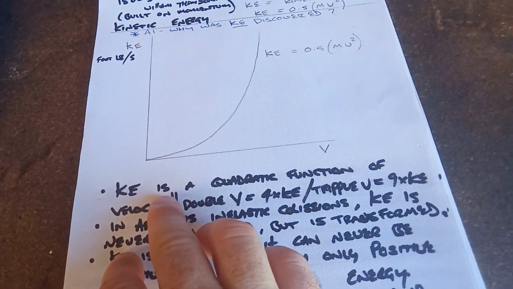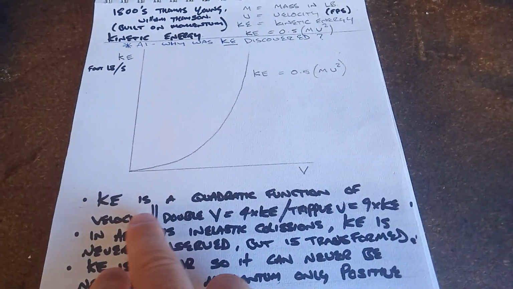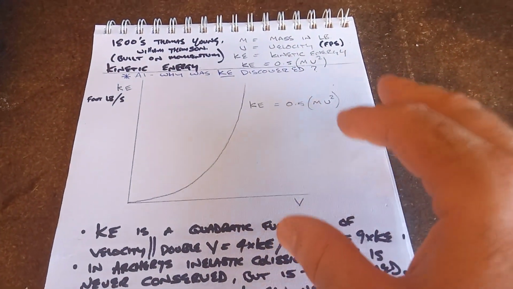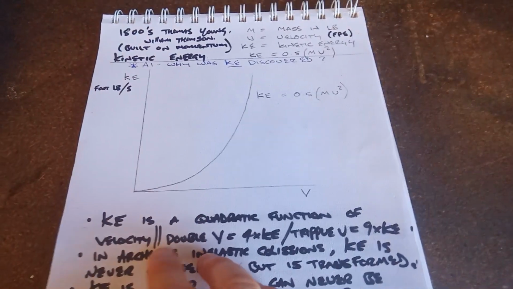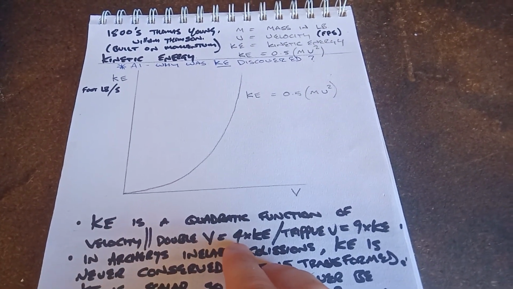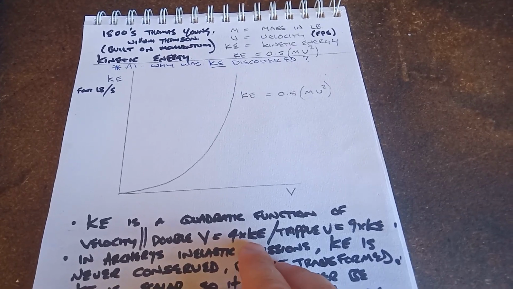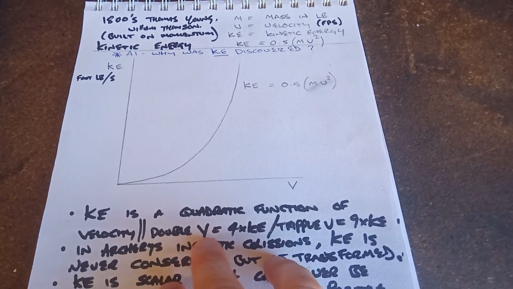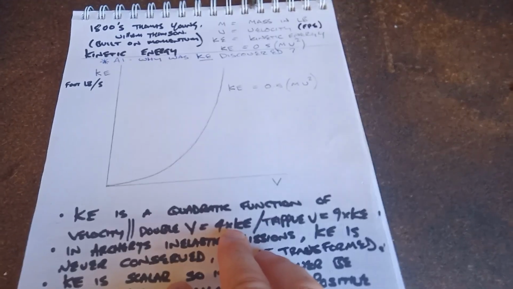So KE is a quadratic function of velocity. This is some of the key differences between velocity, kinetic energy and momentum. If we double velocity, we get 4 times the kinetic energy.